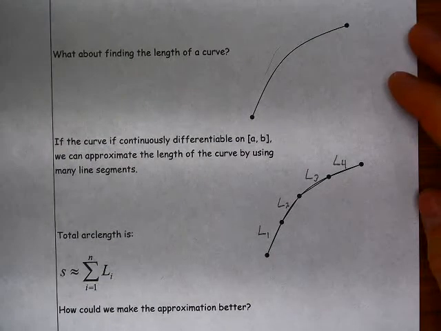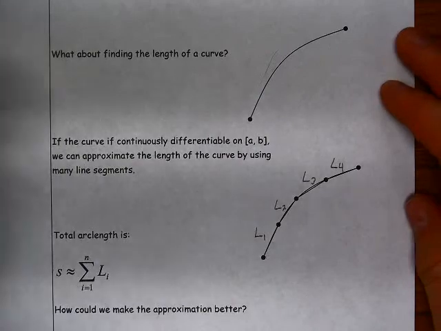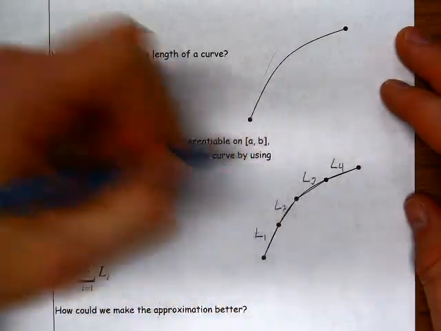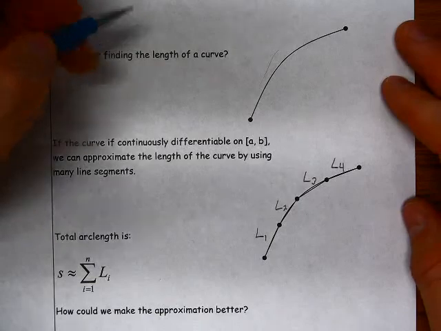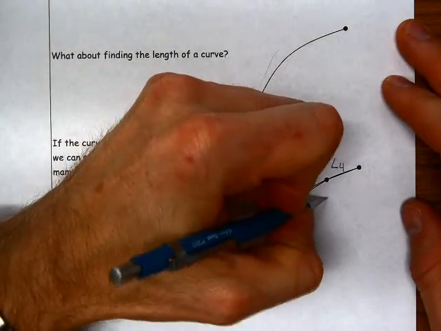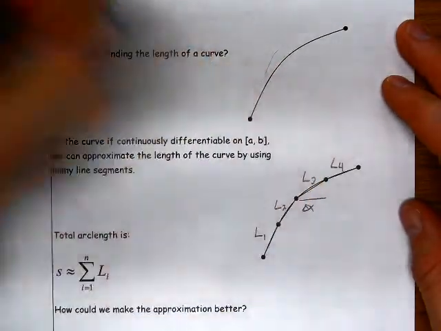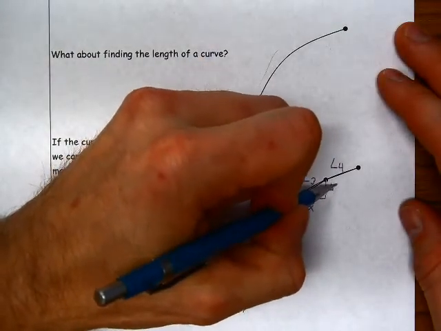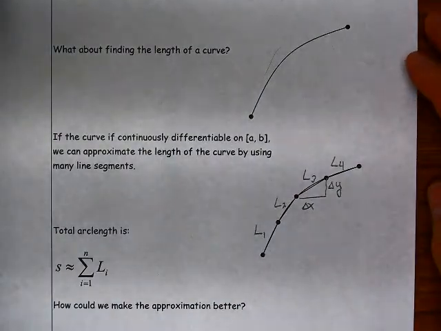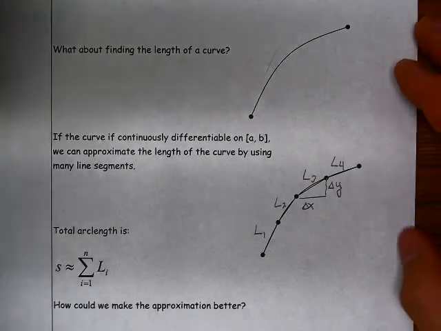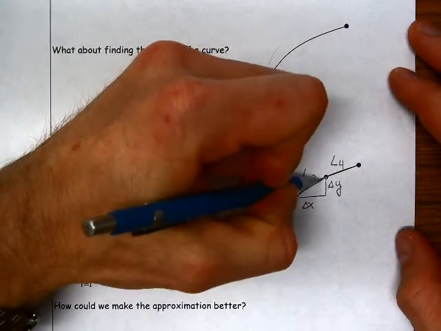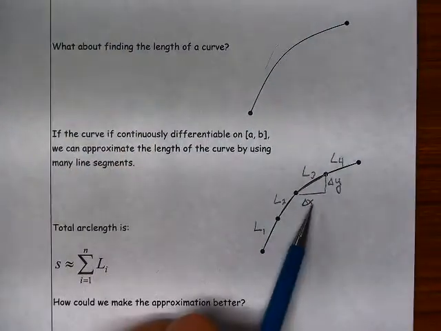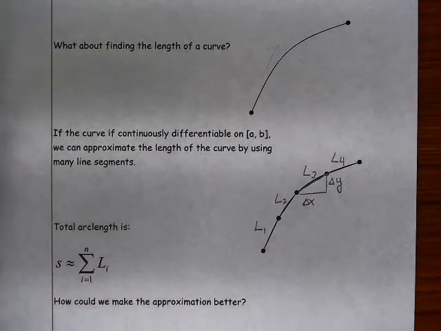So in the setup for the next page, think about a given line segment that we use. This would be the change in x, and this would be the change in y, the delta x and the delta y. So we could find the length of that straight line segment using the distance formula we talked about, but now instead of x2 minus x1 and y2 minus y1, we can just call those delta x and delta y.